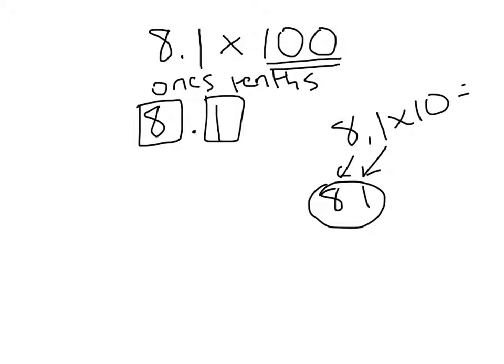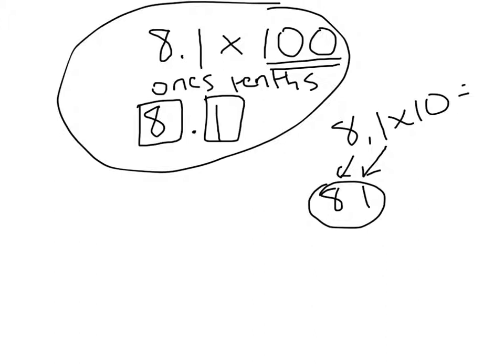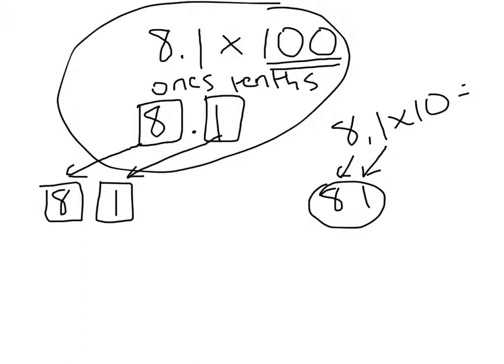So here, when we're multiplying by 100, we actually have to move these digits 2 places. If we only moved this 8 one place, it would be in the tens place. But if we move it 2 places, that 8 is now in the hundreds place. And if we move the tenths not only 1 place, but 2 places, it is now in the tens place. What do you think we have to put here in the ones place? Is there anything to put there? We need a placeholder, and the digit we use for a placeholder is 0.